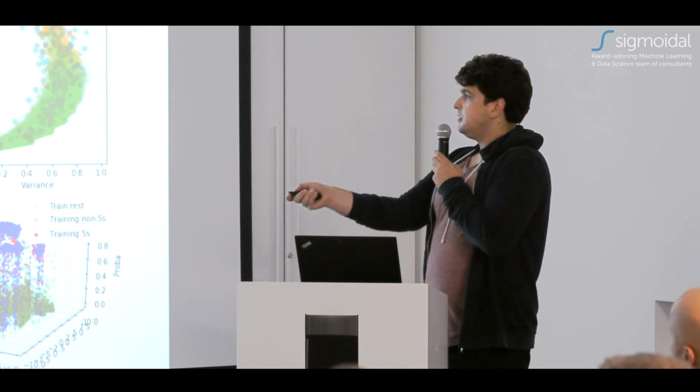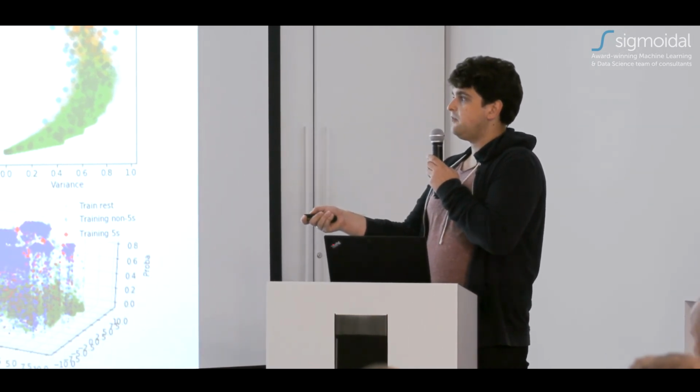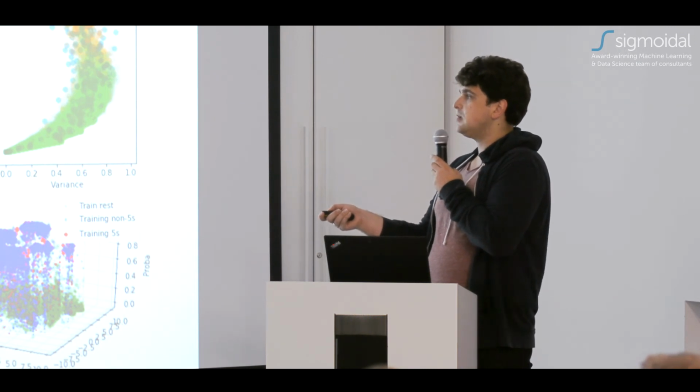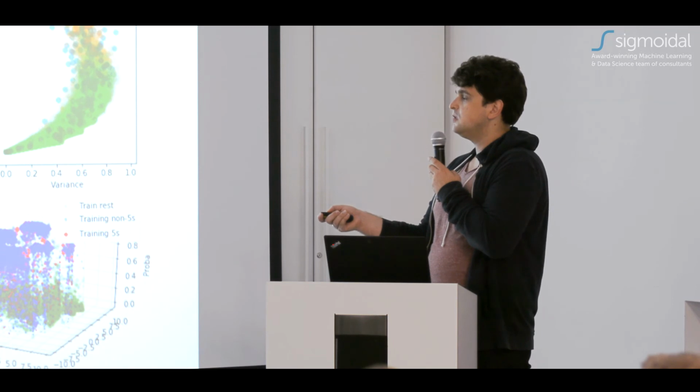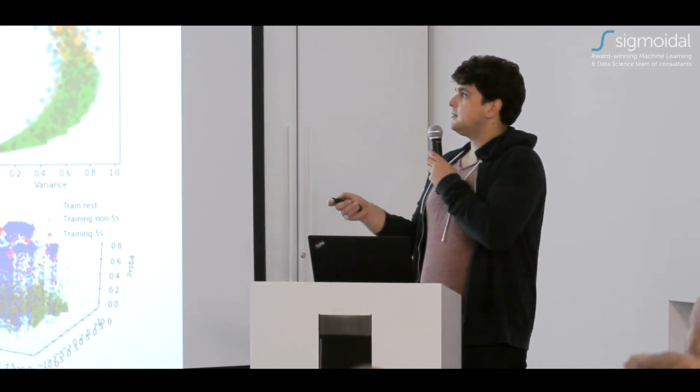So for example, in this example, the model believes that it is non-5 and is really certain about this prediction. For this example, the model is relatively sure that this should be 5, but it's not so certain. As you may see, there is 60% of uncertainty here, and the same in this example.